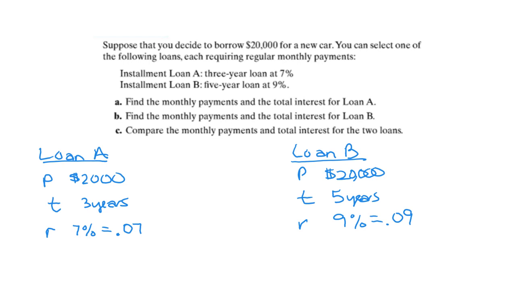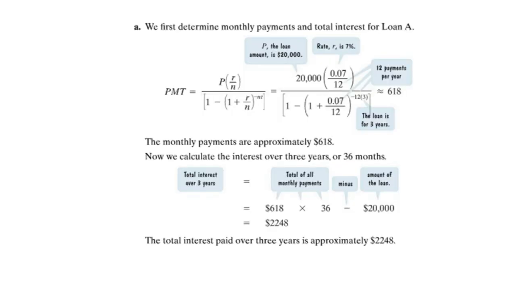So this is just an example. Part A said to determine the monthly payment amount and total interest for loan A. So we're using that payment formula. Given the principal is $20,000, the interest rate is 7%. And remember, it was compounded monthly.